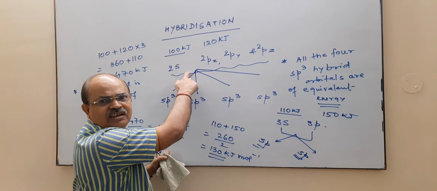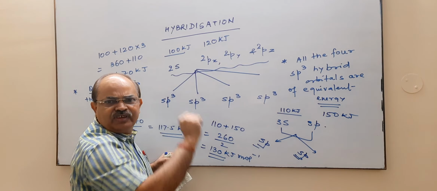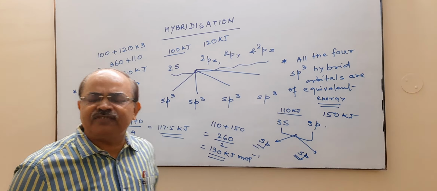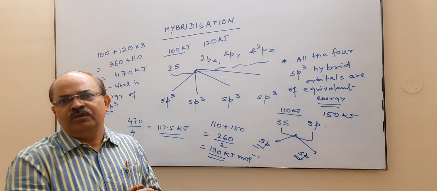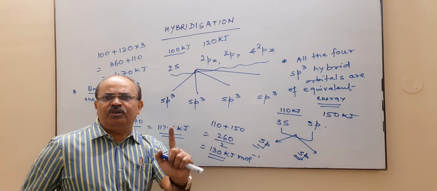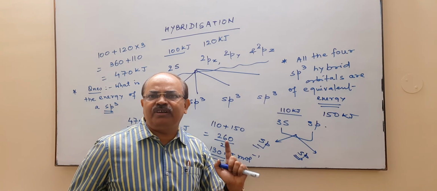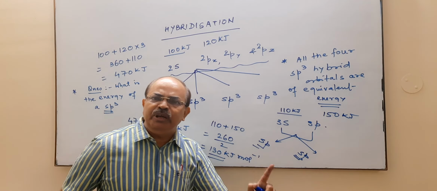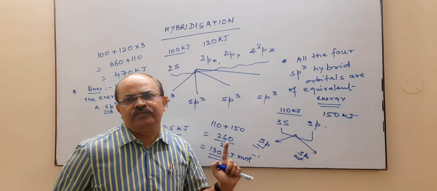You know, s is spherical, p is dumbbell, d is double dumbbell shape. अलग अलग शेप है, लेकिन जब वो हाइब्रिडाइज करके हाइब्रिड ऑर्बिटल्स फॉर्म करेंगे, then each and every sp3 hybrid orbital is equivalent. Each and every sp hybrid orbital is equivalent. Similarly, each and every sp2 hybrid orbital is also equivalent.